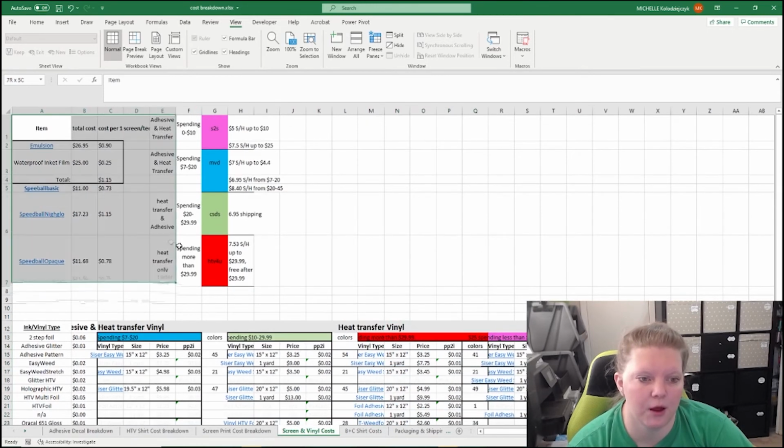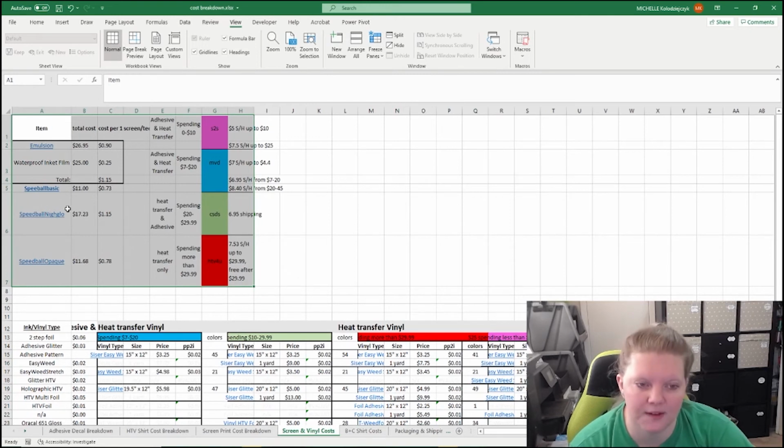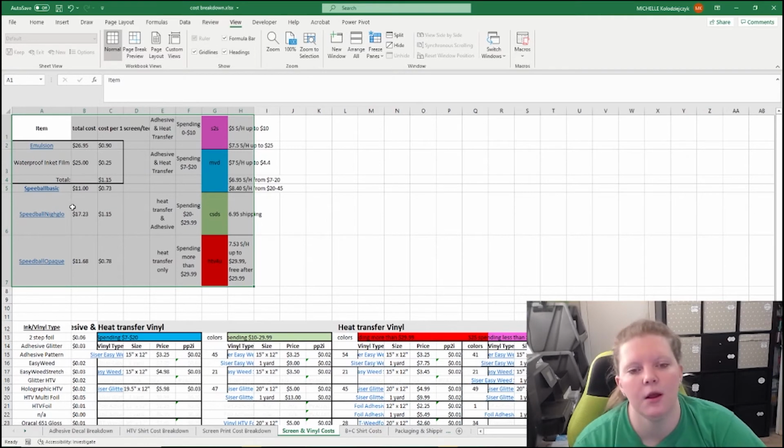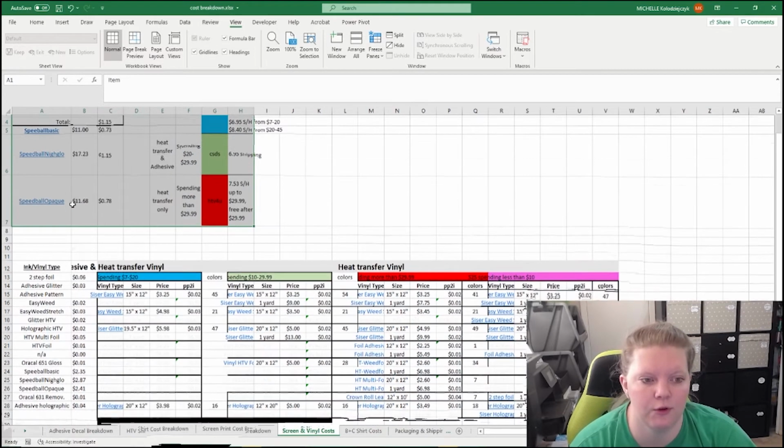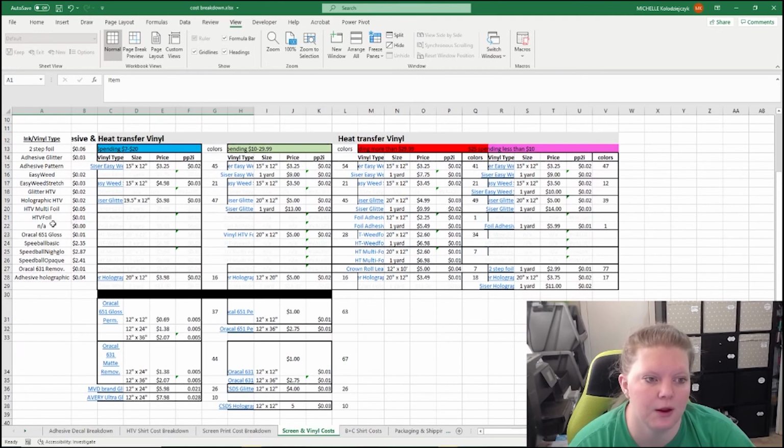Up here I've got my emulsion and my ink, if I was doing ink pricing, but I mainly do that in my other sheet that I've shown you on a few videos. So this one is mainly here. And I honestly don't know which, I guess I could click on the link and find out. But basically these link to different sites.